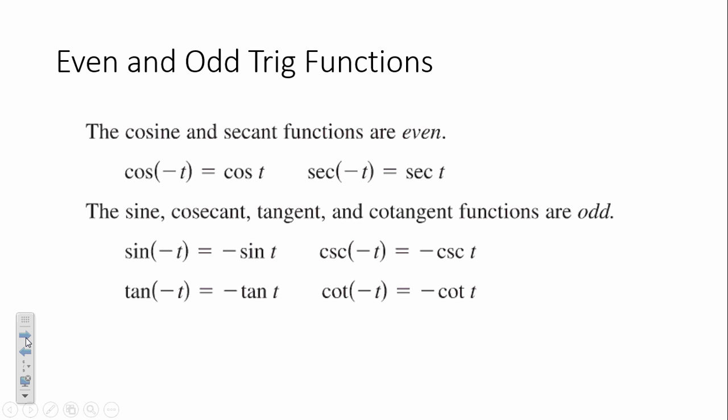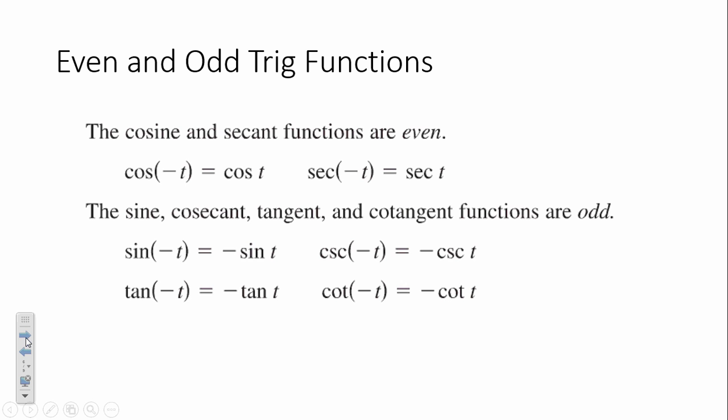Okay? But odd functions, like the sine, the cosecant, the tangent, and the cotangent, if you plug a negative value in, you'll get the opposite of what it would have been. So the sine of -30 is the opposite of whatever the sine of 30 is. So what was the sine of 30? 1/2.